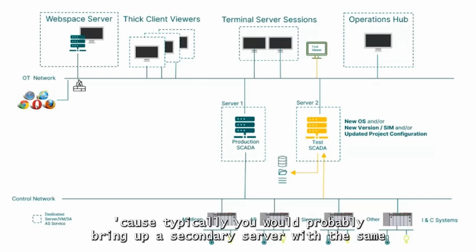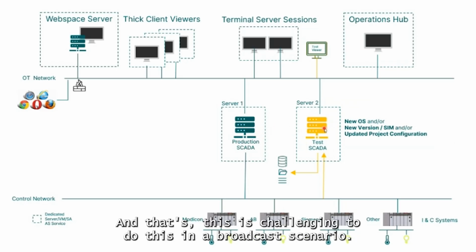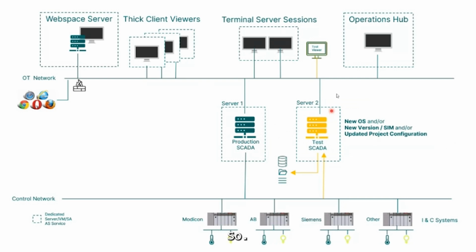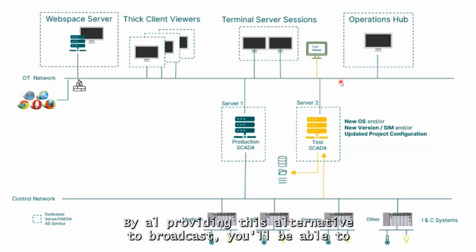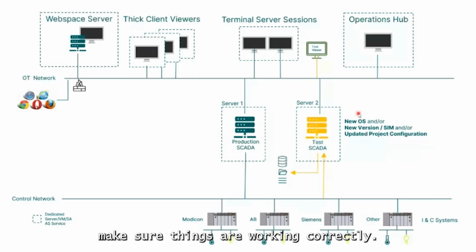Because typically you would probably bring up a secondary server with the same project name as the production server, and this is challenging to do in a broadcast scenario. So by providing this alternative to broadcast, you'll be able to have viewers pointing directly to a production server or a test server and make sure things are working correctly.